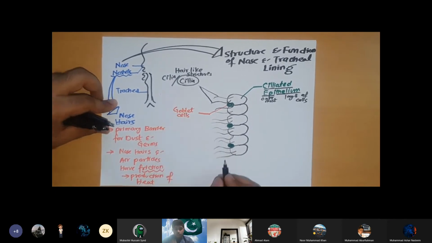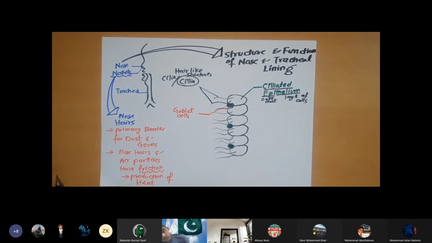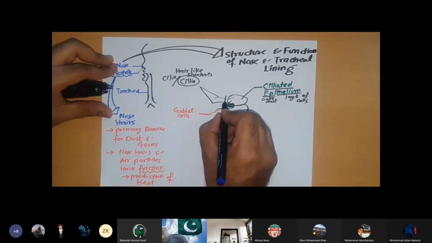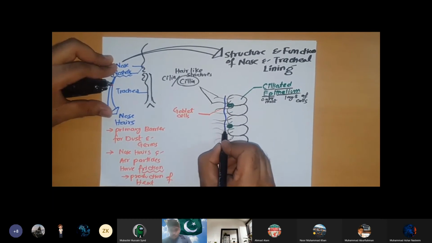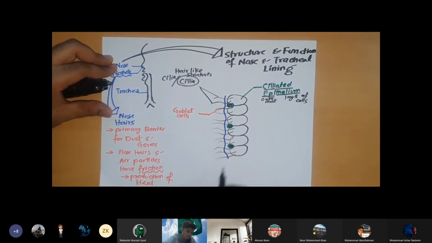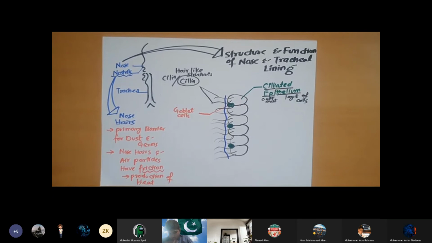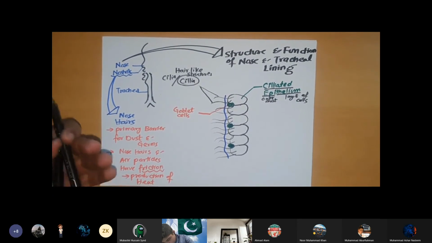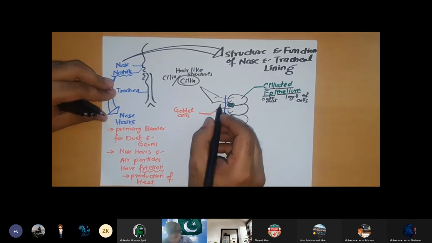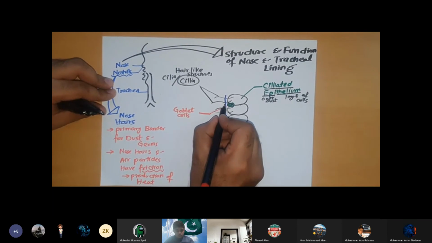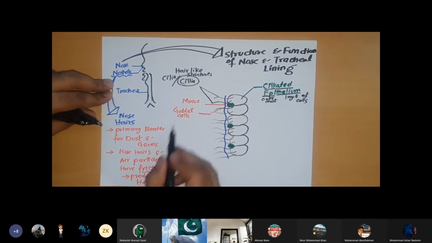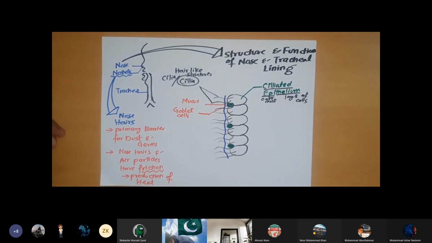You have learned that the job of the goblet cells is to produce mucus. So these goblet cells will produce mucus in the nose and also in the trachea. Let me label this blue structure as the mucus, which is produced by the goblet cells.